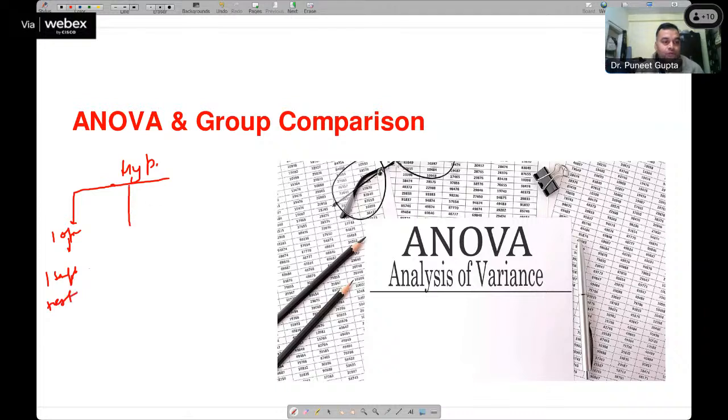Then we moved to two independent samples. And there was another case, two paired samples. For that we use the independent sample t-test, and for this one we use the paired sample t-test.